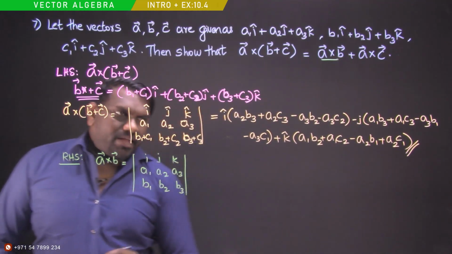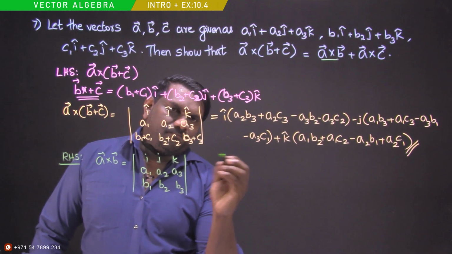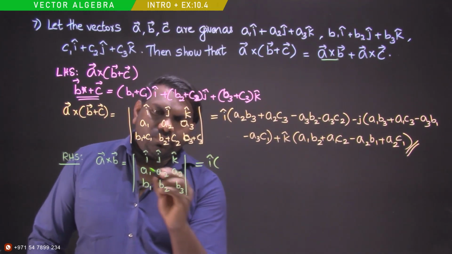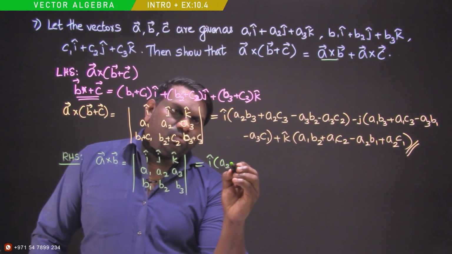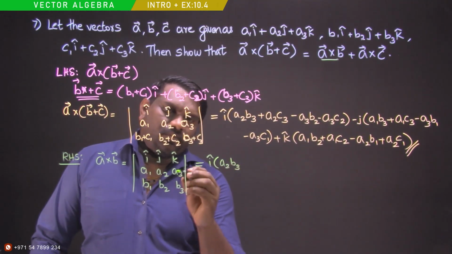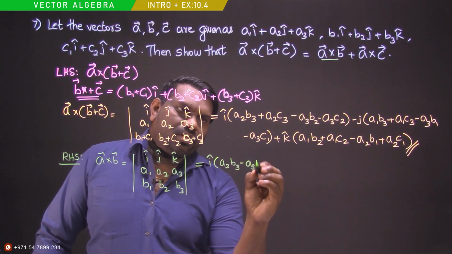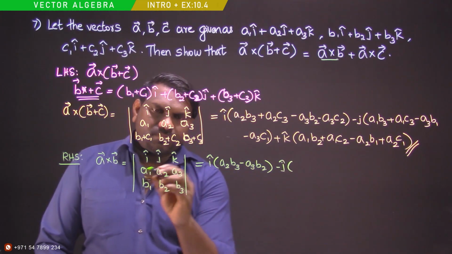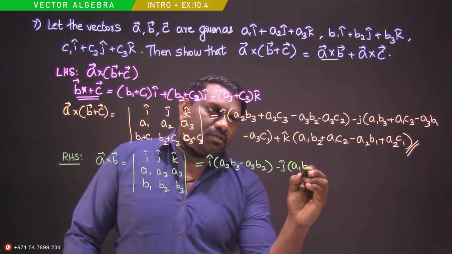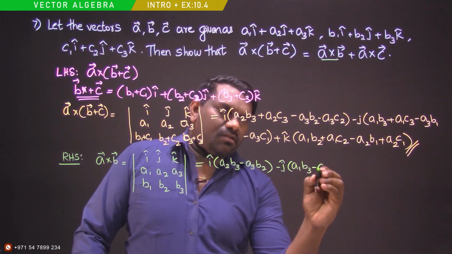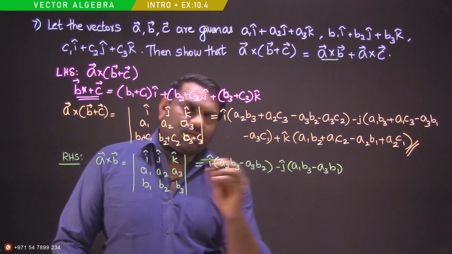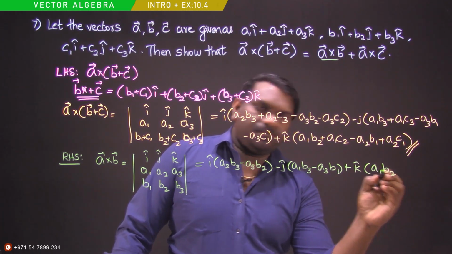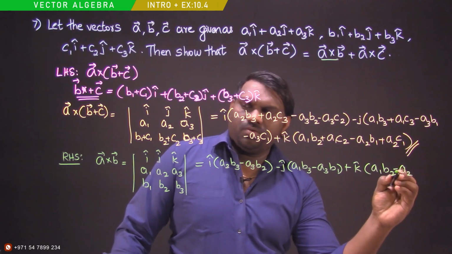So in that case, you will get i cap into A2 B3 minus A3 B2, minus j cap into A1 B3 minus A3 B1, plus k cap into A1 B2 minus A2 B1.